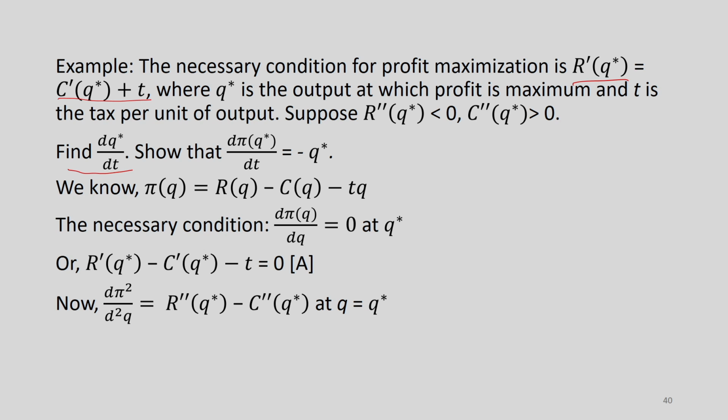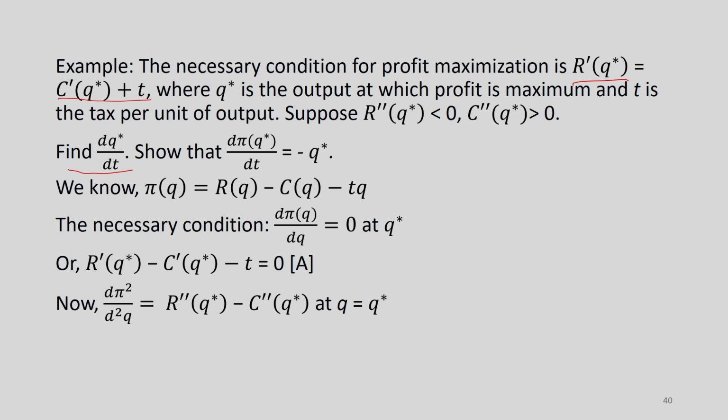So, what does this mean, dq star dt? What it means is, as the tax rate changes, how much does the equilibrium output, that is q star, the profit maximizing output, change instantaneously?